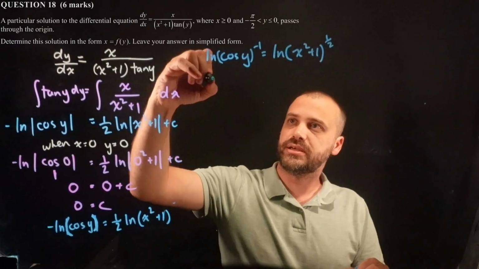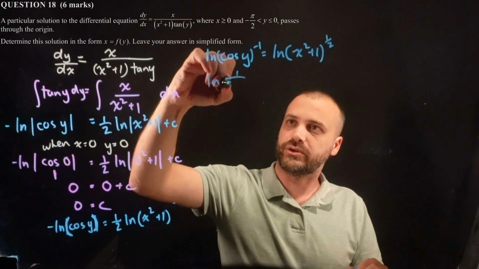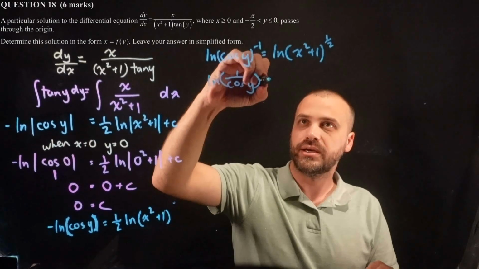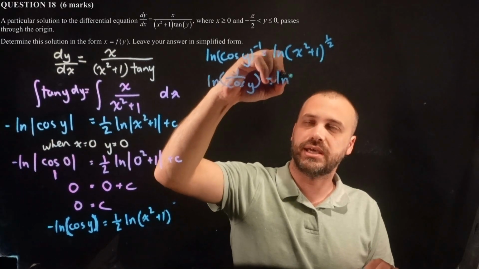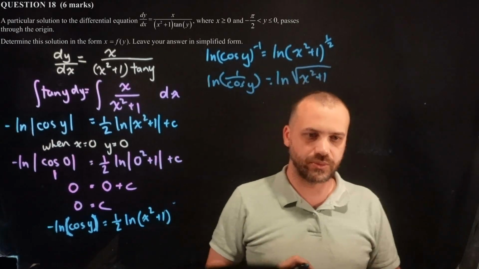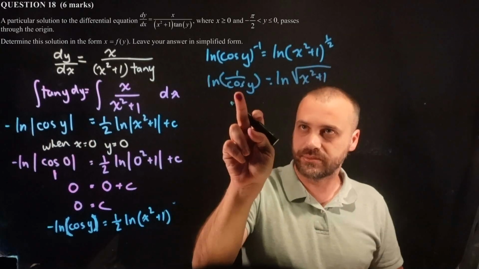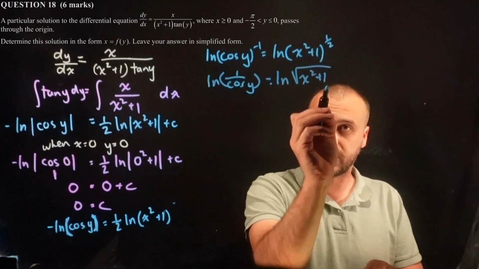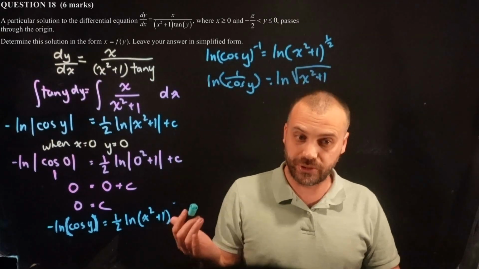So what does this mean? It means ln of 1 on cos y, raising something to the power of negative 1. And what does this mean? It means ln of the square root of x squared plus 1. So if I've got ln something equal to ln something, then that means that the something is equal to the something. We can get rid of the logs.